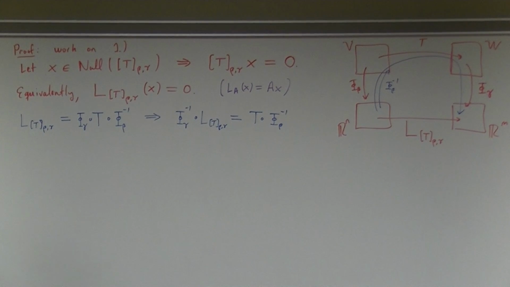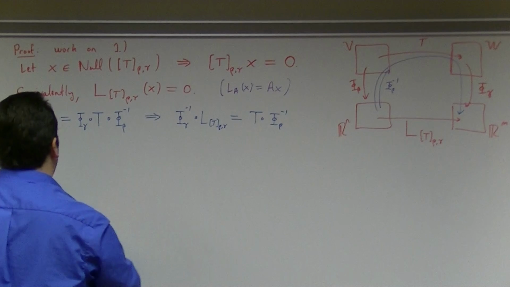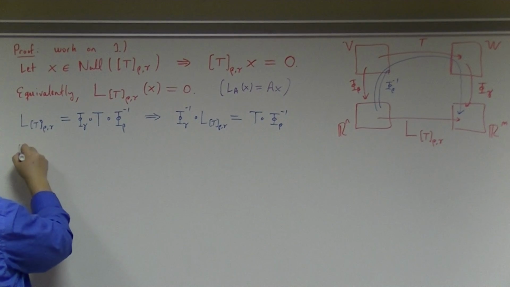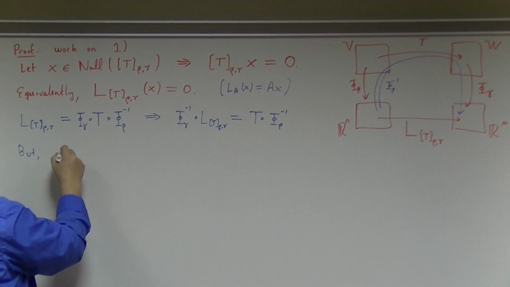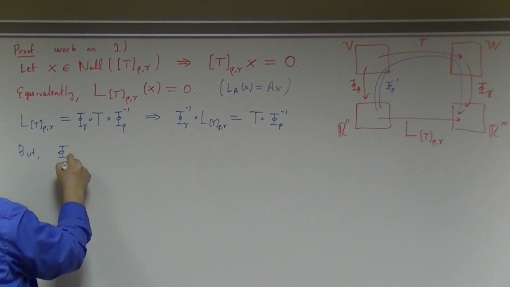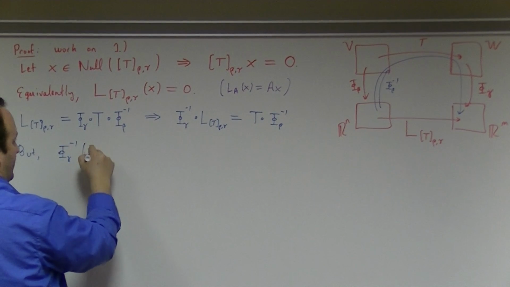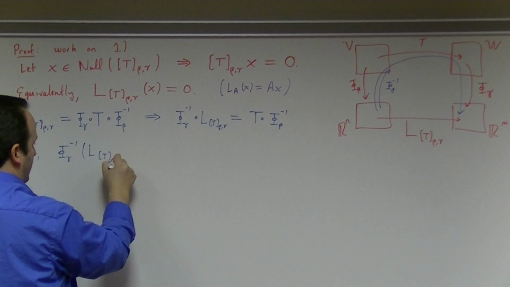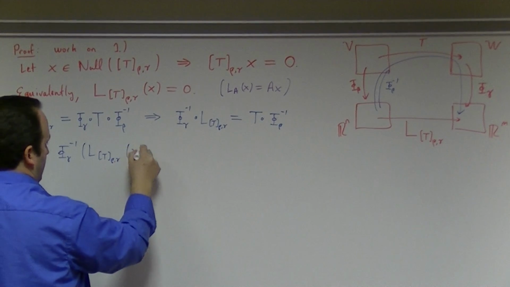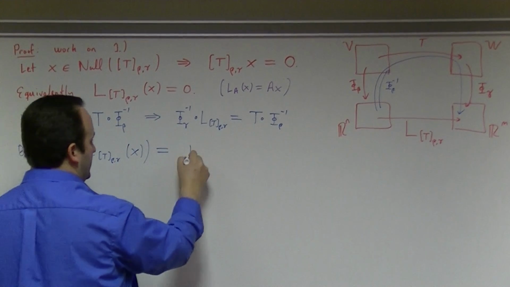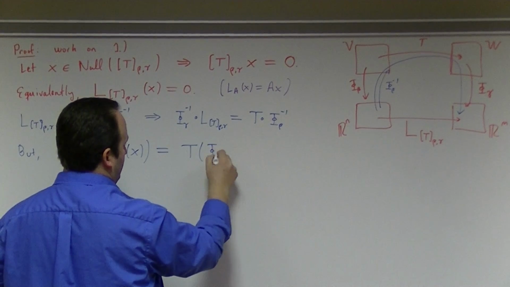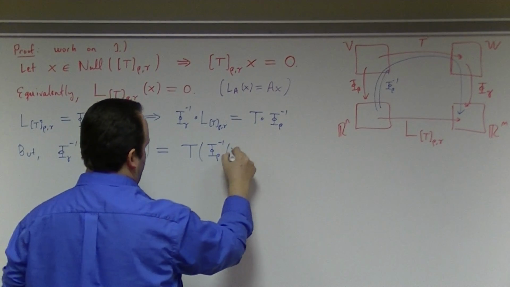All right. So what happens if I operate on x on both sides? Phi gamma inverse of L of T beta gamma of x is equal to T of phi beta inverse of x.